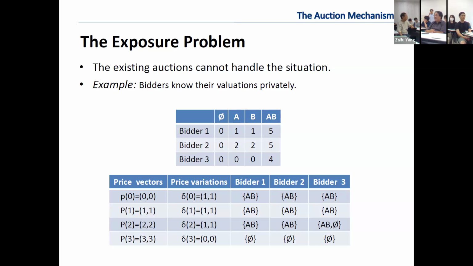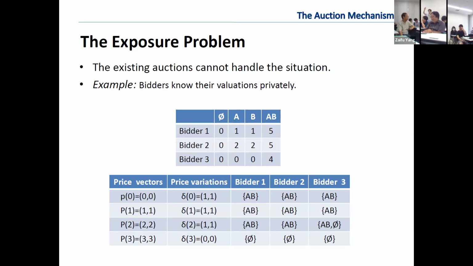Then how about the case in which you always want to get a chair, but your value for the table is, let's say, 1, and the price for the table begins at a very high value?